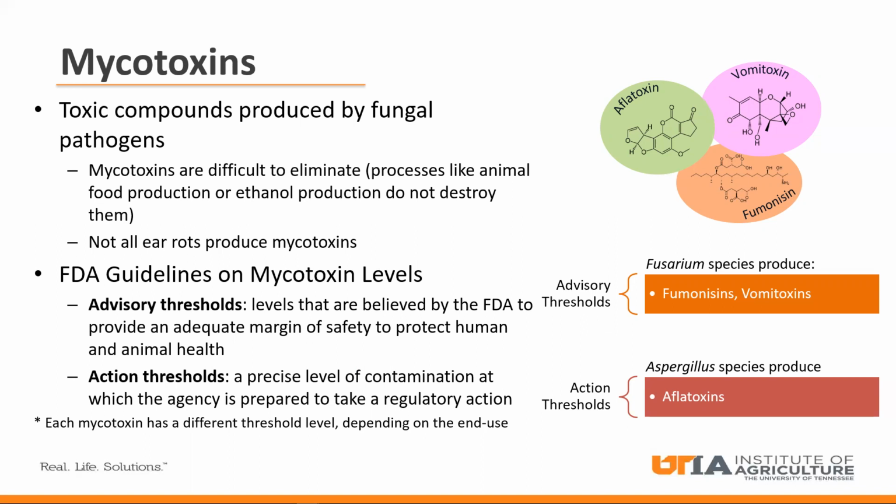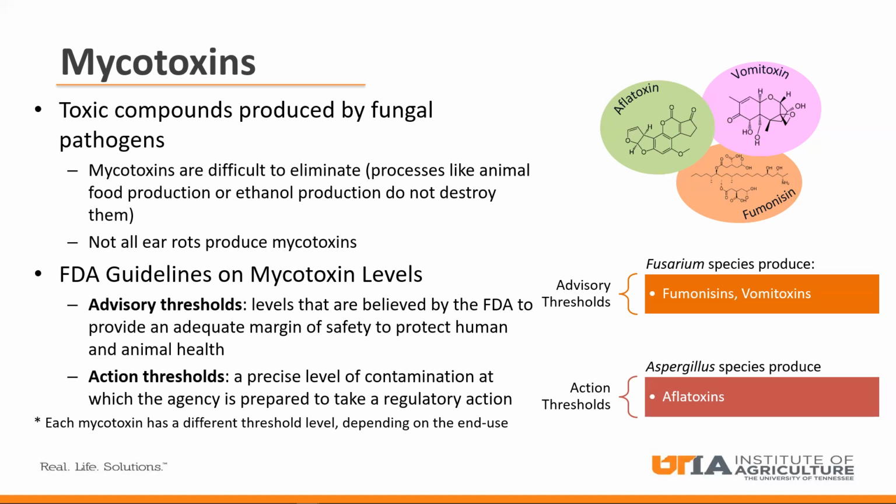These are 3 of our big toxins that the FDA has advisory or action guidelines for. There are advisory thresholds for fumonisins and vomitoxins, in which the advisory levels are those believed to give adequate margins of safety.